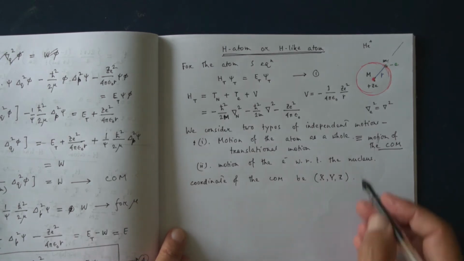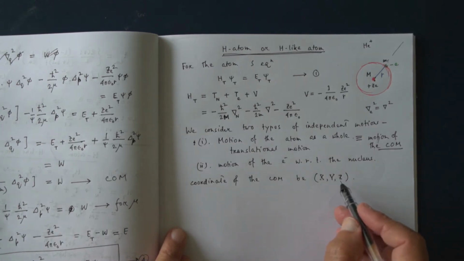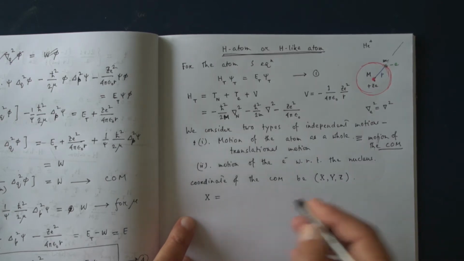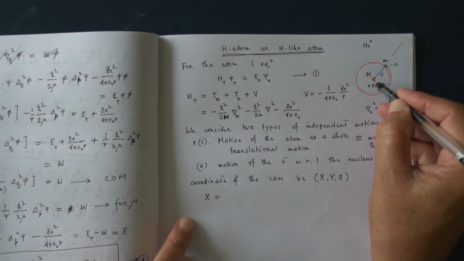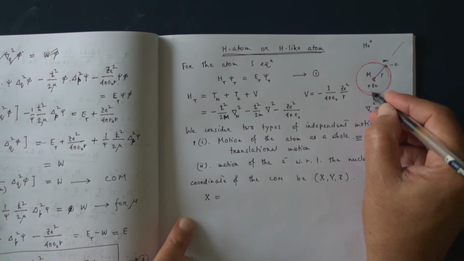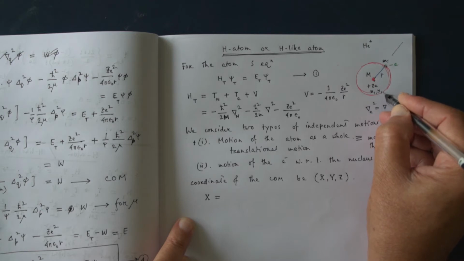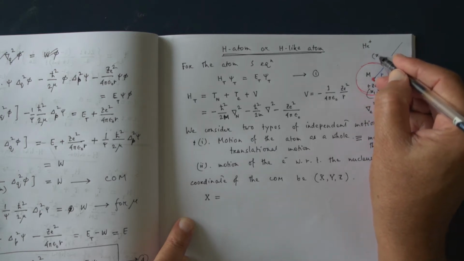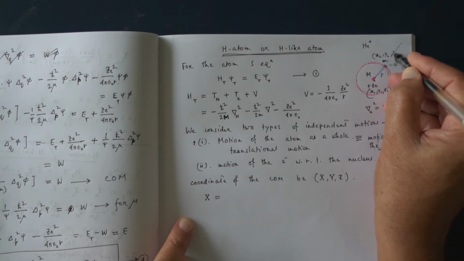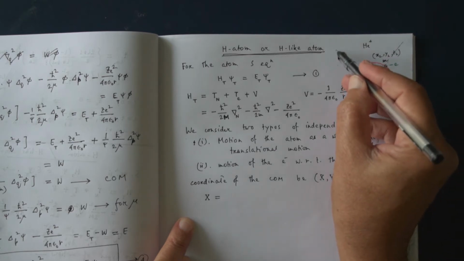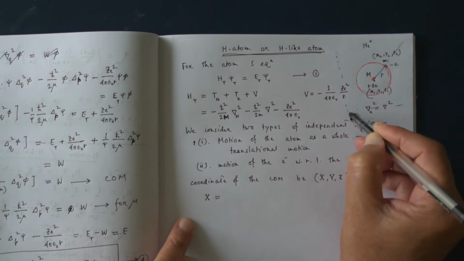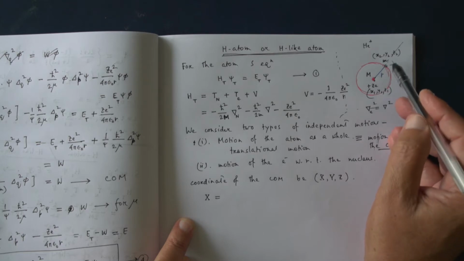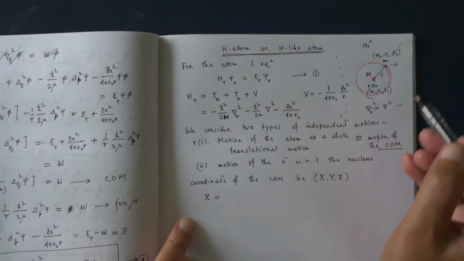And what is x? Say the coordinate of the nucleus is x1, y1, z1, and the coordinate of the electron is x2, y2, z2.